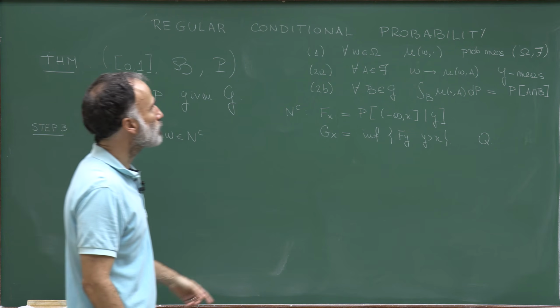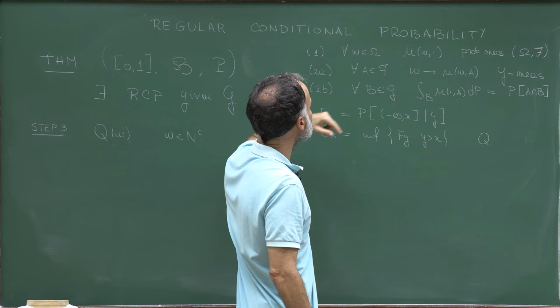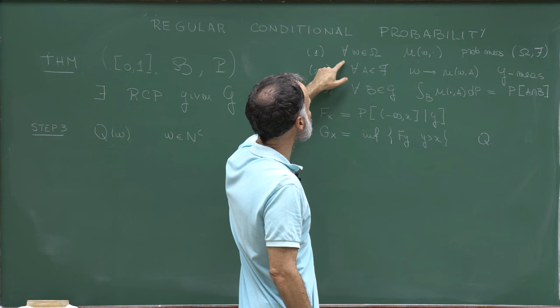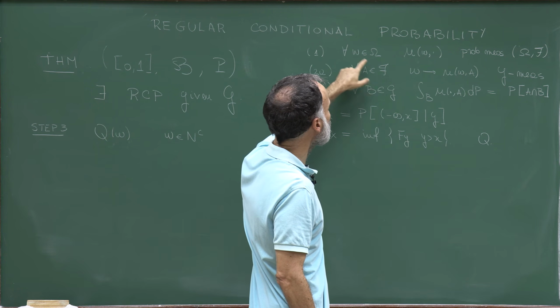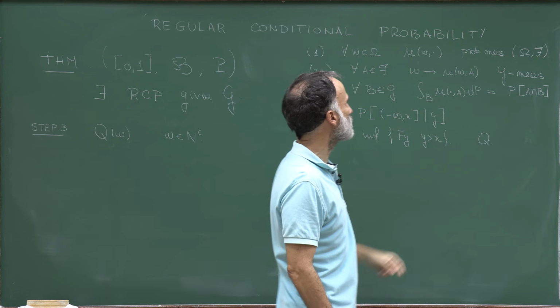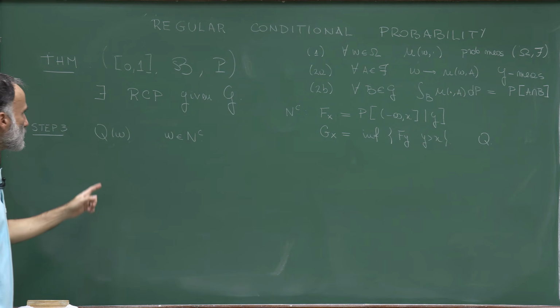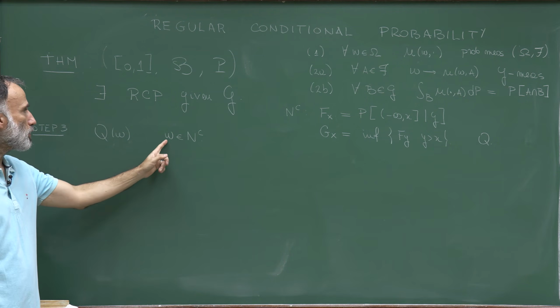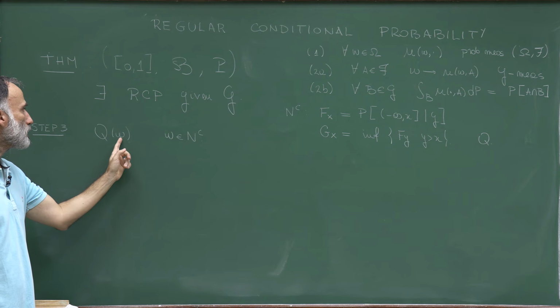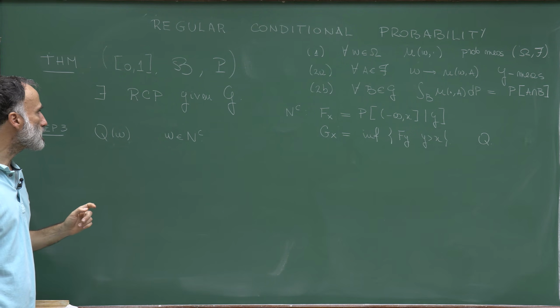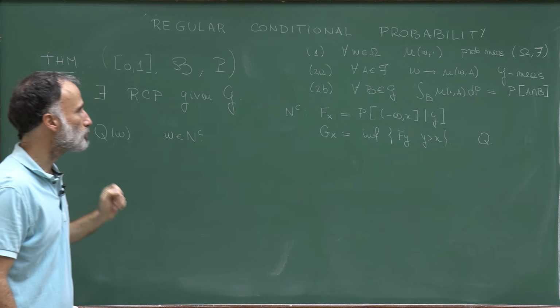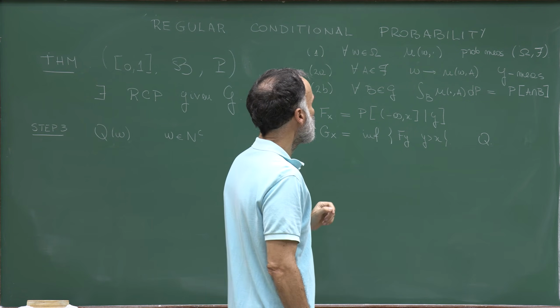So I recall here the properties of the regular conditional probability. We need that for all ω, μ(ω) is a probability measure. That's nice because, up to now, for all ω in the complement of N, Q(ω) is a probability measure, by our construction.